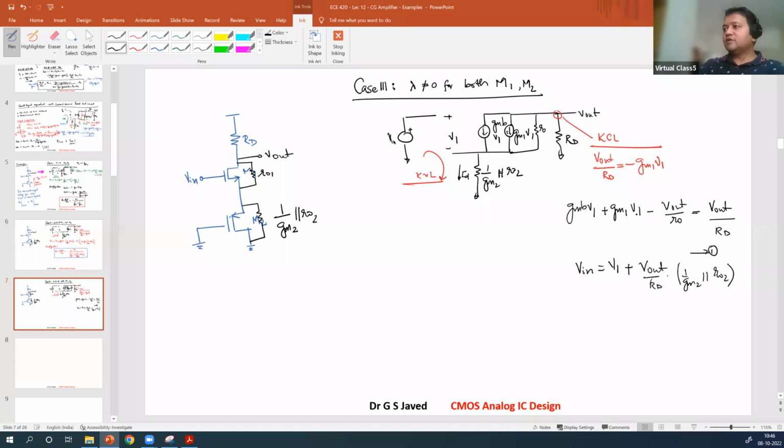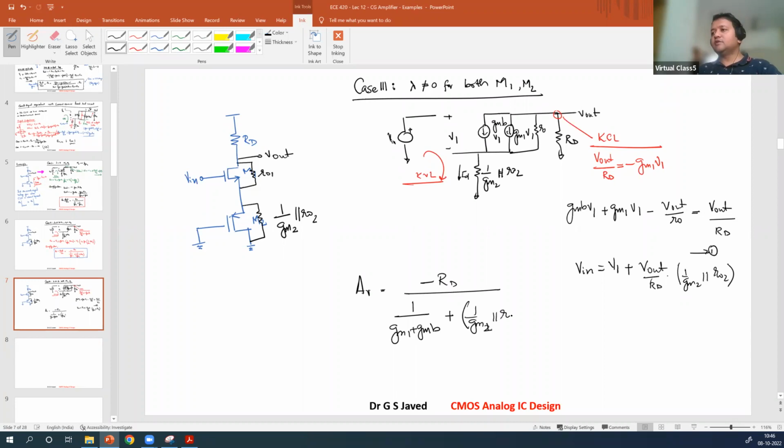And on simplification, what do you get? KV is equal to RD times, so it will be minus RD divided by, in place of GM, you will have 1 plus GM1 plus GMB plus 1 over GM2 in parallel with RO2.